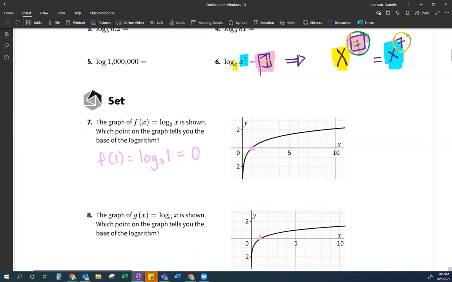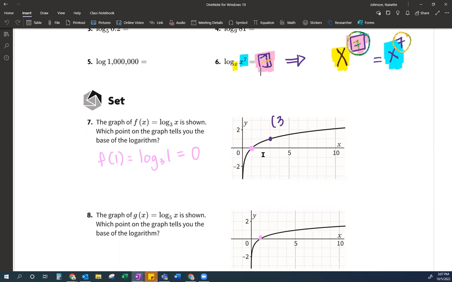What's another point here that would make sense? Yes. Okay, for this one, 3, 1 makes sense. So let's put this guy right here.